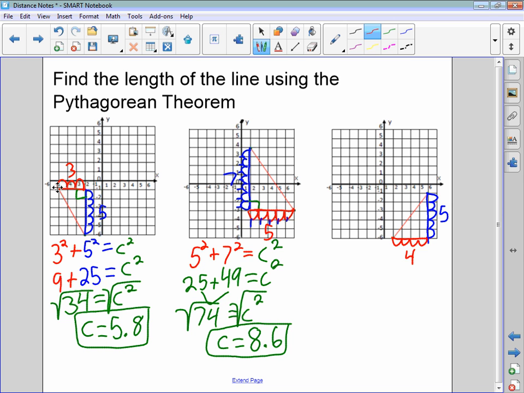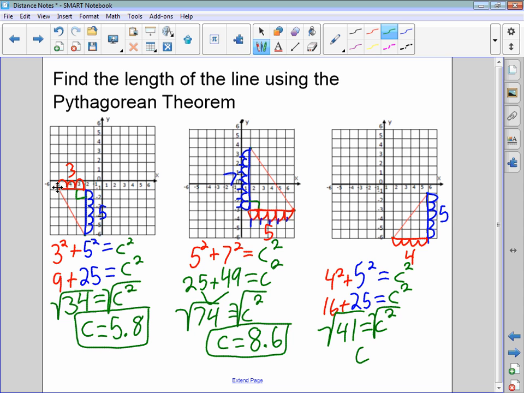Put them together. 4 squared plus 5 squared equals C squared. 4 squared is 16. 5 squared is 25. Still C squared. 16 plus 25 gives us 41 equals C squared. We take the square root of both sides. We end up with C equals 6.40, so it rounds to 6.4.